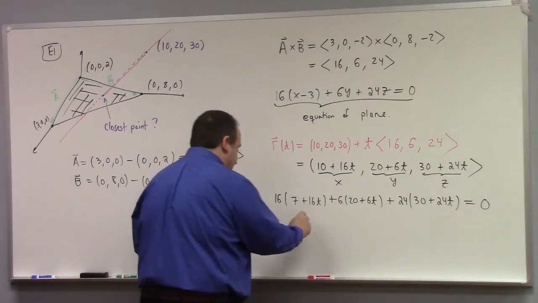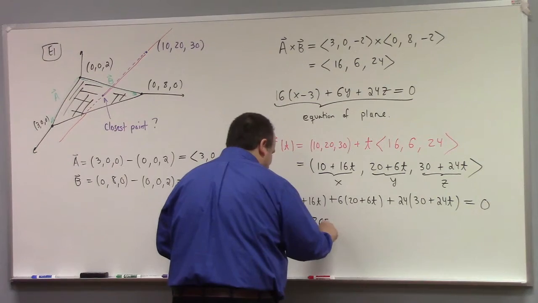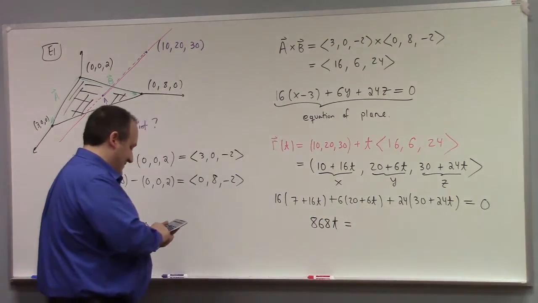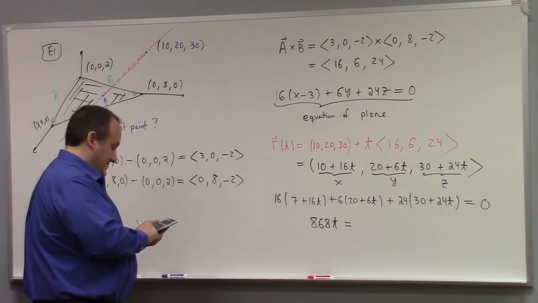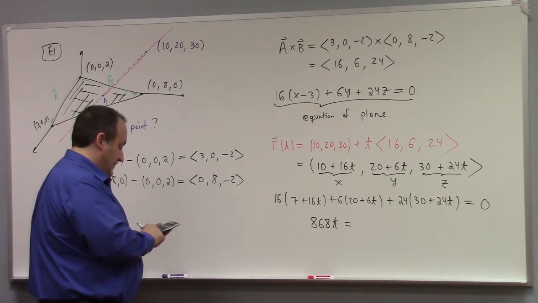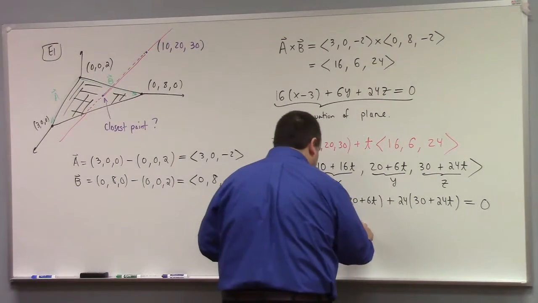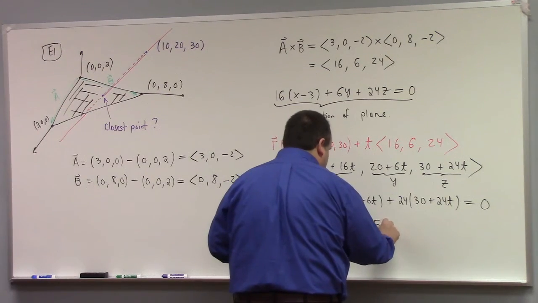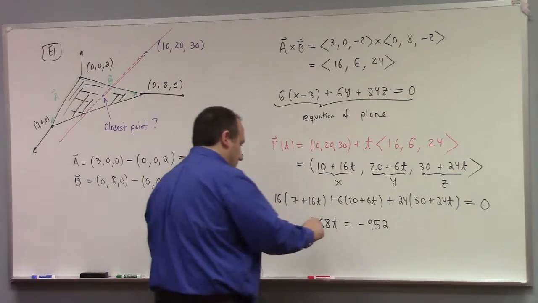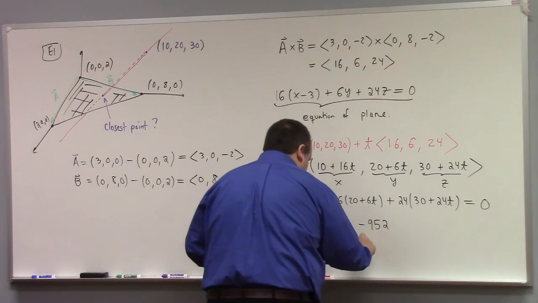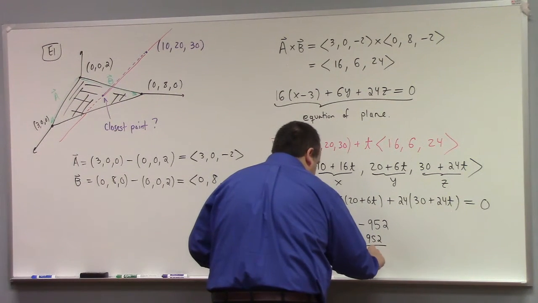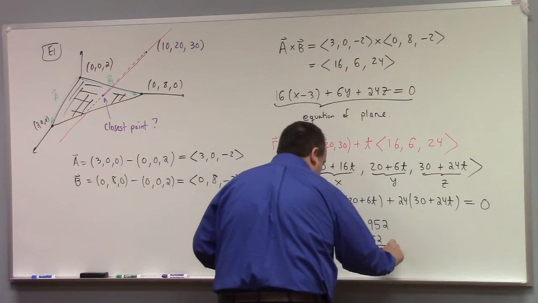Yowzers. 868t is equal to 16 times 7 plus 120 plus 24 times 30 minus 952. It's kind of funny, everything is positive here. Oh well. And so my t is minus 952 divided by 868. So my picture is obviously wrong, right?